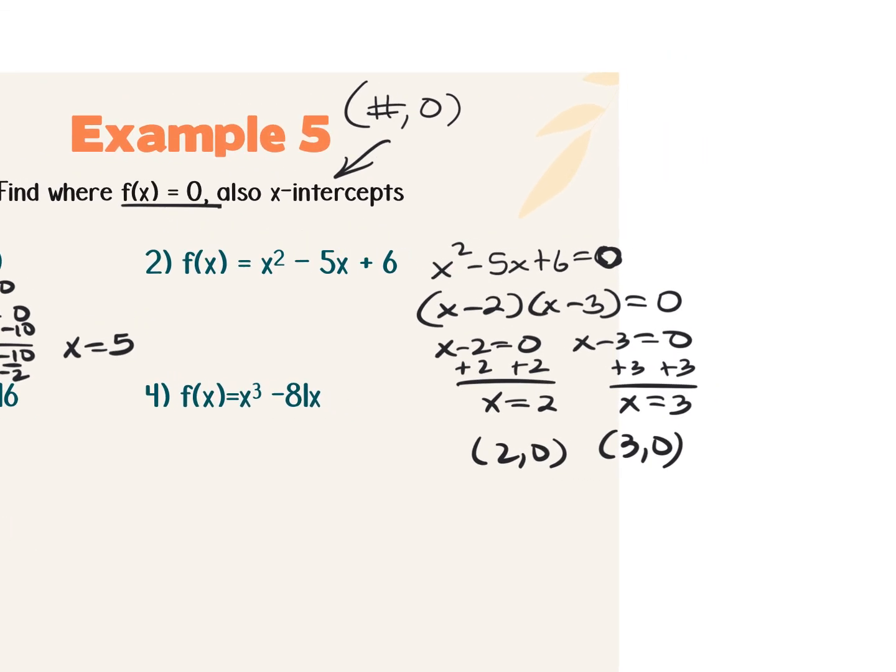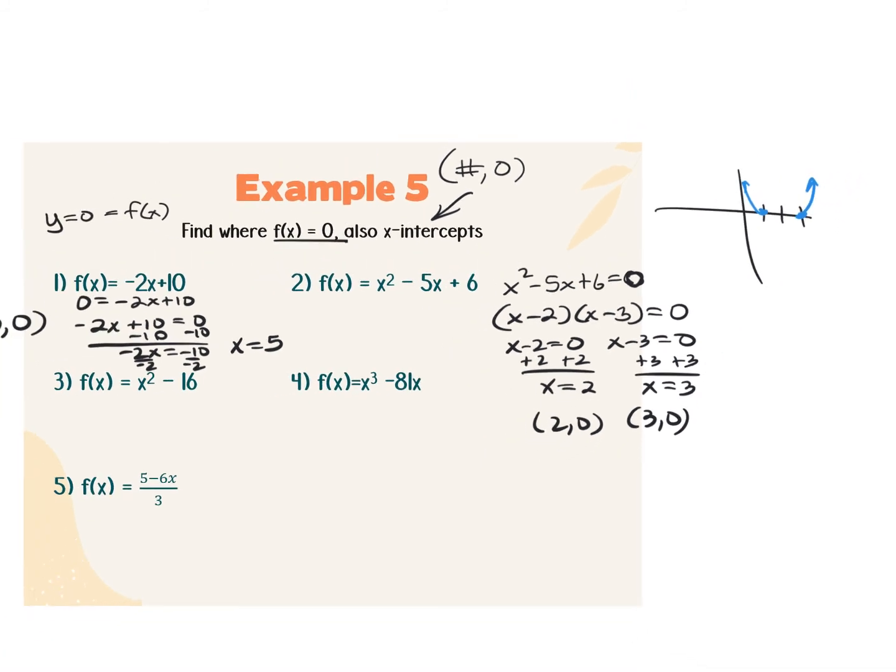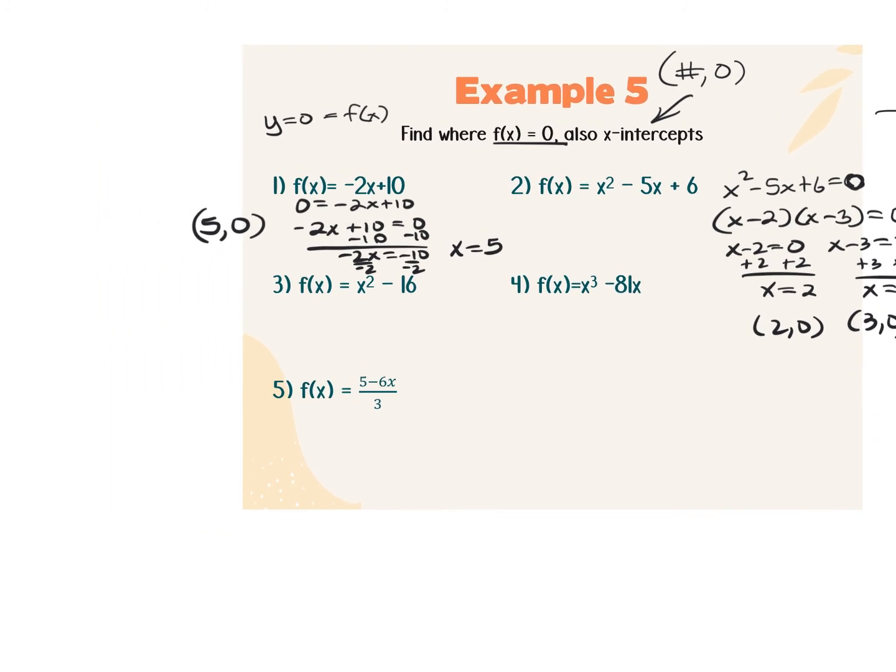So our graph would be touching 1, 2, 3. Our graph is going to touch the x-axis right here and right here, and it's going to be a parabola going up. I don't know exactly where that vertex is, but that's where it would be touching the x-axis. These are x-intercepts. Let's go ahead and try the next one.